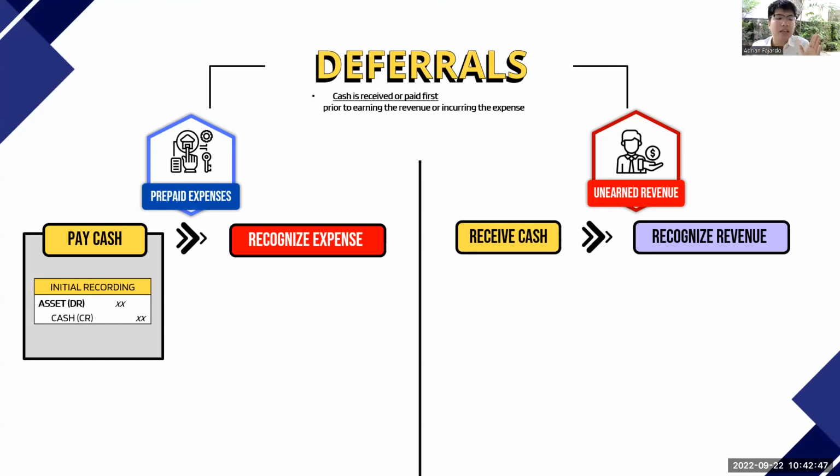Fast forward to day 30. For example, I'll just jump forward in terms of the example. A classic example of prepaid expenses is supplies, right? Meaning, in day 1, bumili ako ng, let's say, 1,000 pesos worth of bond paper. So, debit asset of 1,000 or supplies, credit cash of 1,000 because I paid 1,000 pesos for bond paper.